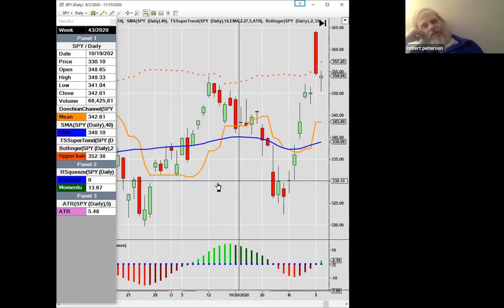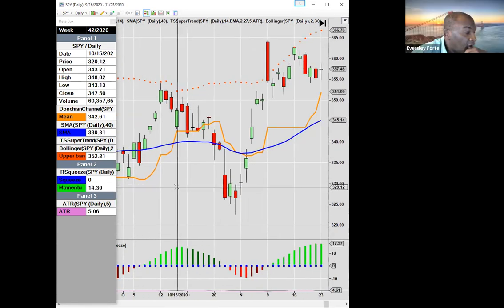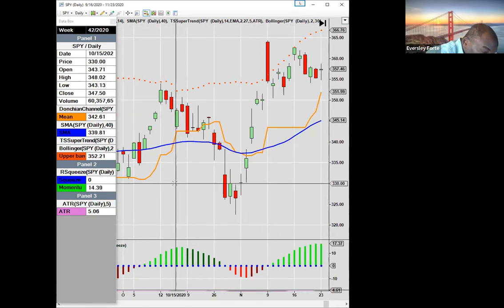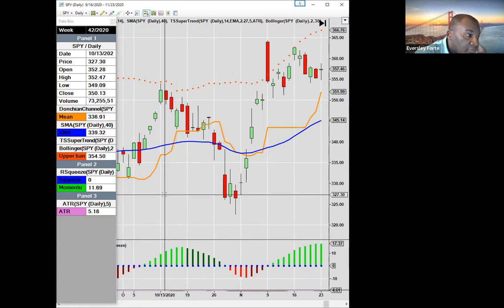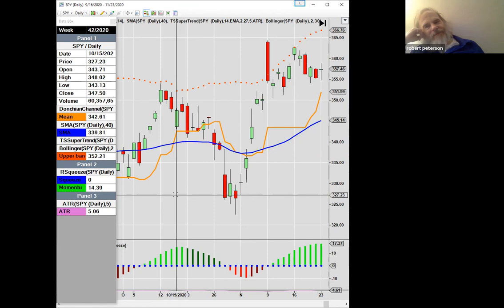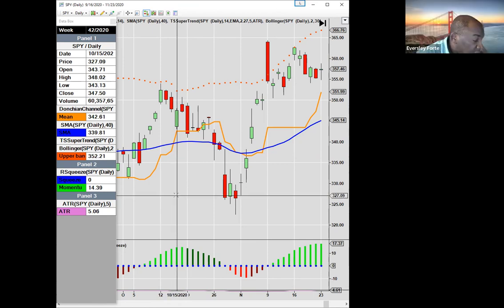So basically, here would be a good example of getting in late. And the later you get in, the more profitable it becomes. Here's the signal. Orange line crosses the blue line, right? This is SPY. ATR is $5.06, so that's how big my first target is, $5.06.